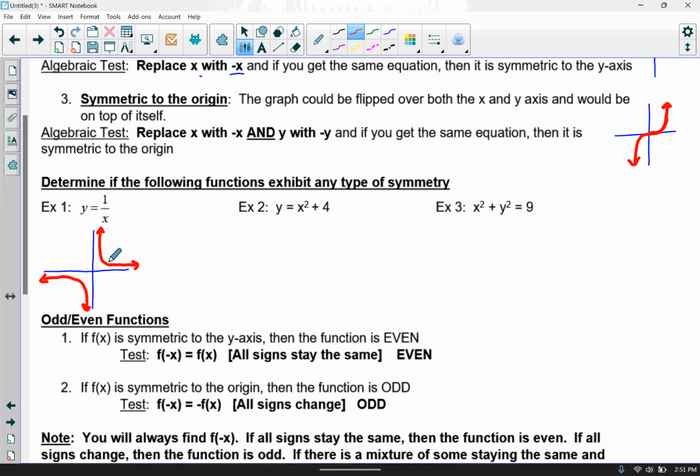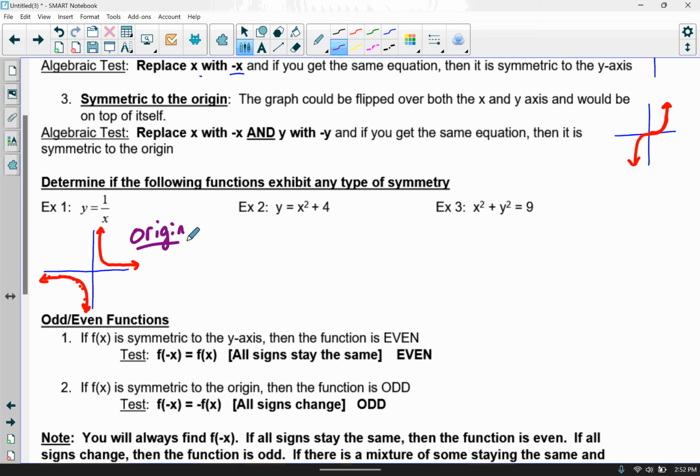If I were to flip it over the y-axis first, I'm going to draw a little dashed line, then that top part would be over here where I just drew those dotted points. And then if I were to flip it over the x-axis, all of those dotted points would be over the bottom piece here. And so sure enough, this one is symmetric to the origin. So we'd say origin here.